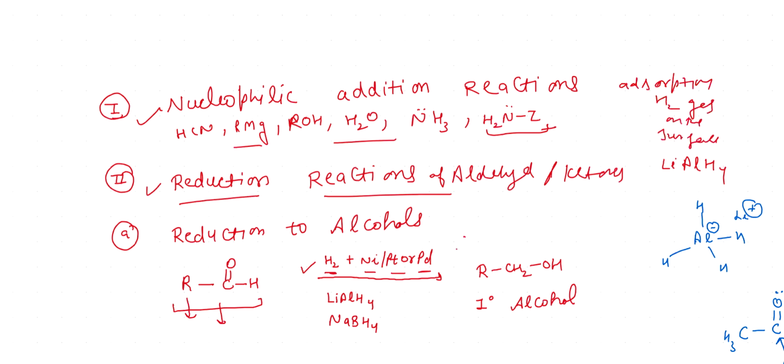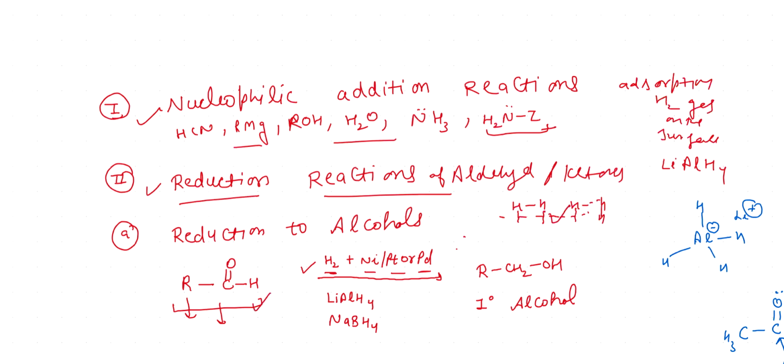So suppose there is a catalyst. This is the surface of the catalyst and the molecules of hydrogen will get trapped on the surface of the catalyst so that they do not escape from here and can further react with a reactant, that is, the aldehyde. Okay.